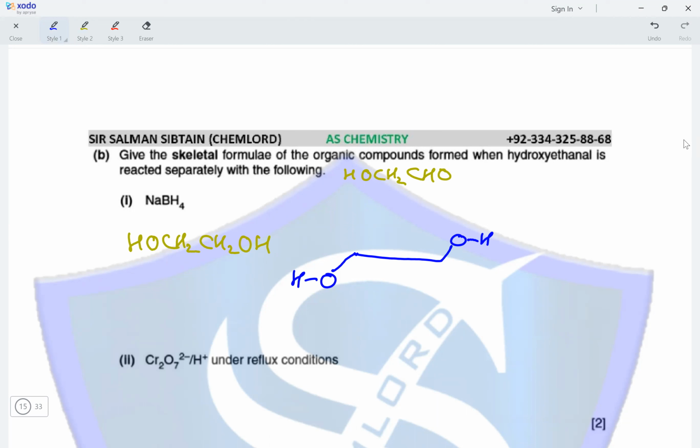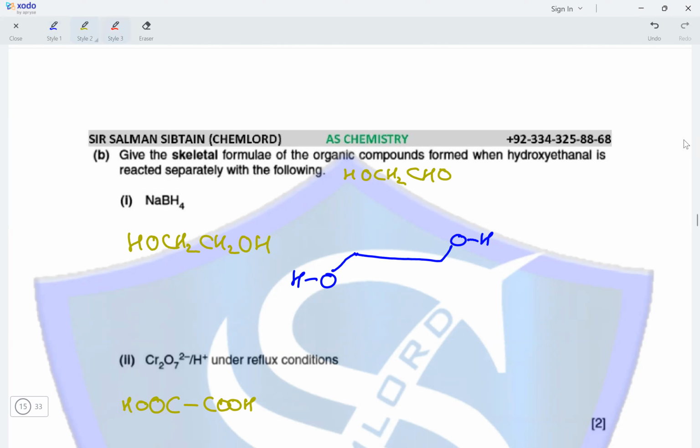And then we have acidified K2Cr2O7 and under reflux conditions. So this would result in the oxidation of the aldehyde into a carboxylic acid and the oxidation of the primary alcohol group into a carboxyl group as well. So the product of this reaction is COOH, COOH.